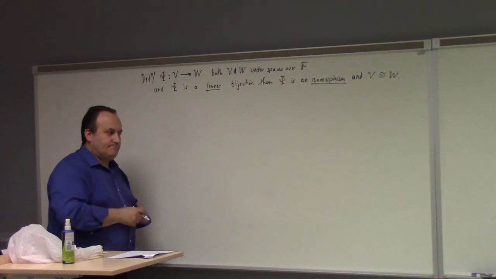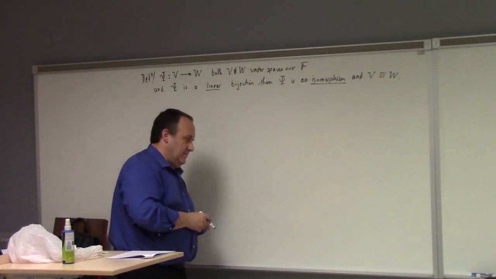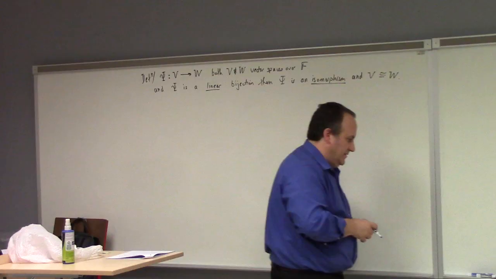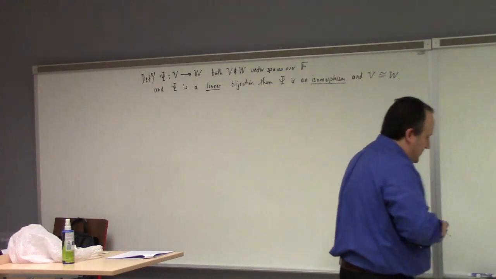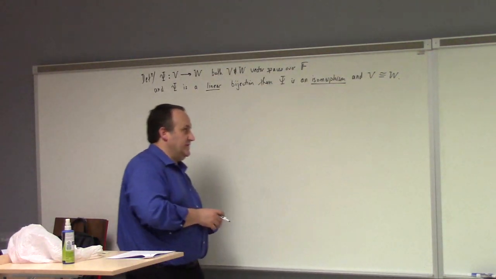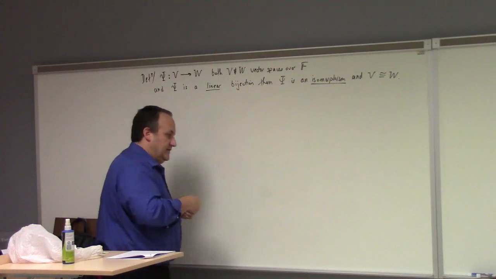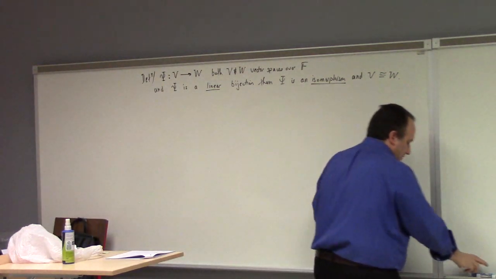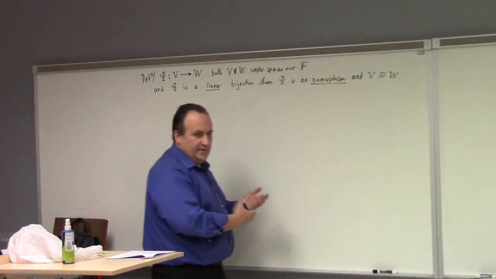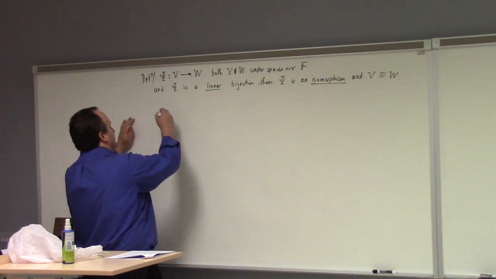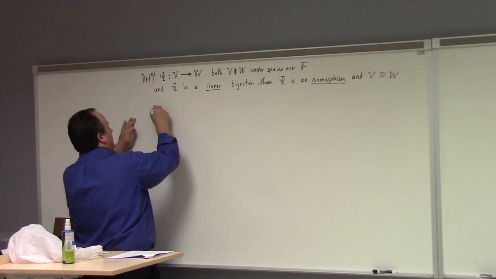So isomorphisms are, of course, important, and we'd like to understand them and how to build them and analyze them and so forth. So one of the first things I might notice is if we take, suppose we had a few of them, right? Theorem.